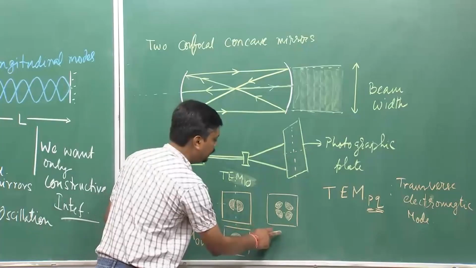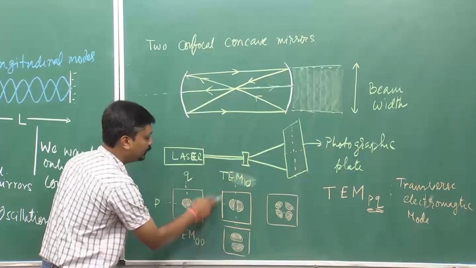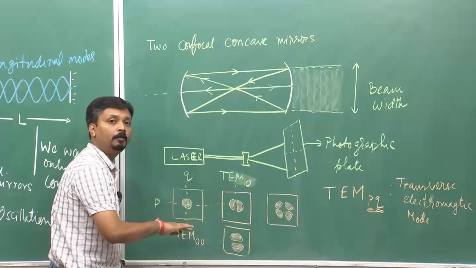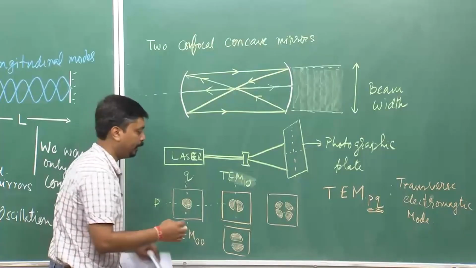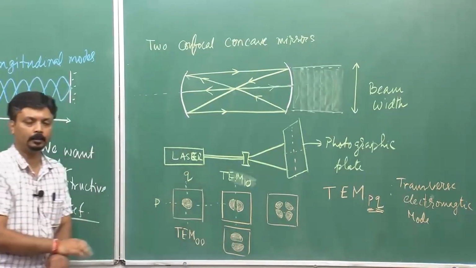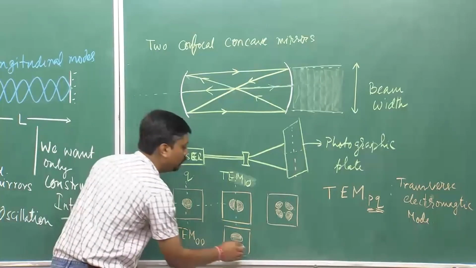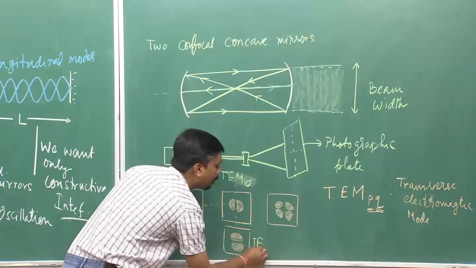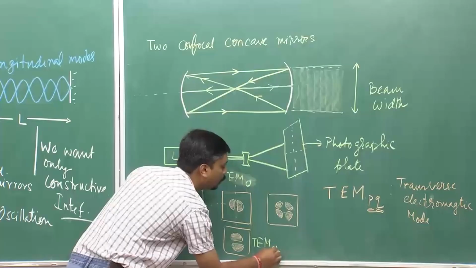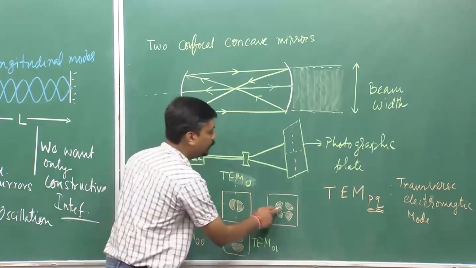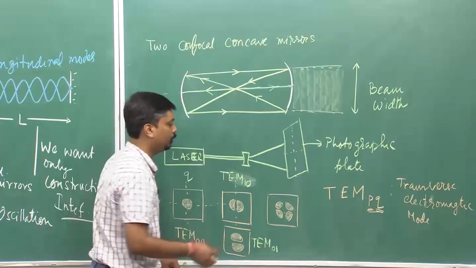Now, what happens in this case? You can see this is just flipped on the other plane, other direction. So, this one will be TEM01. Now, this one you should be easily figuring out.